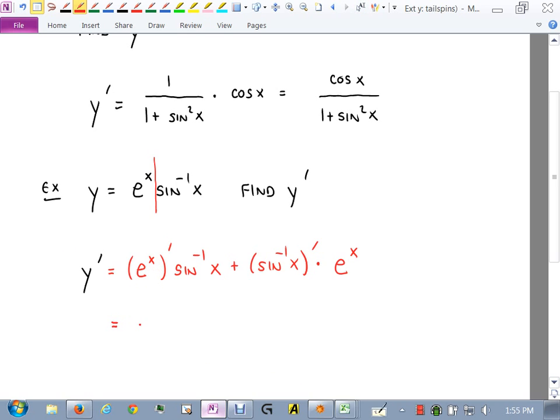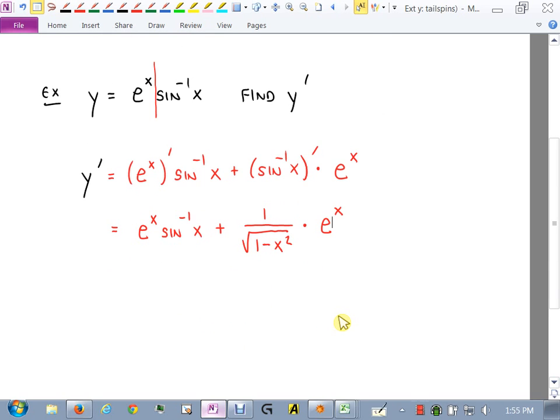E to the x times arc sine x plus what's the derivative of arc sine x? 1 over square root of 1 minus x squared times e to the x again. And you could factor an e to the x out of both of these. You could. But that's sufficient also.